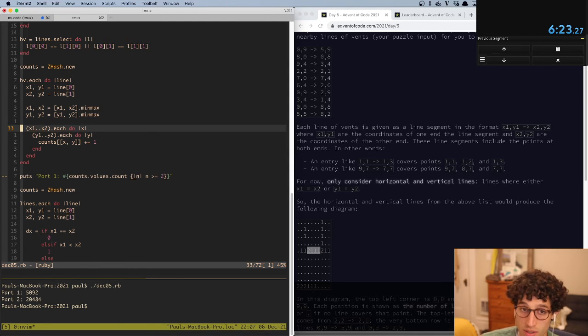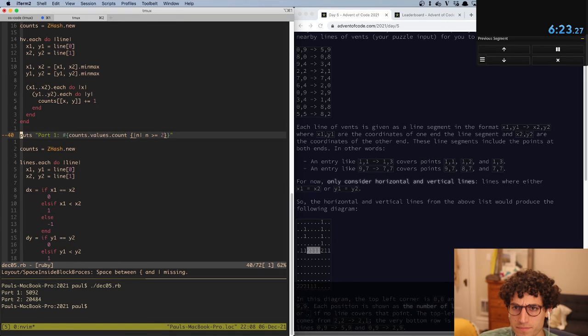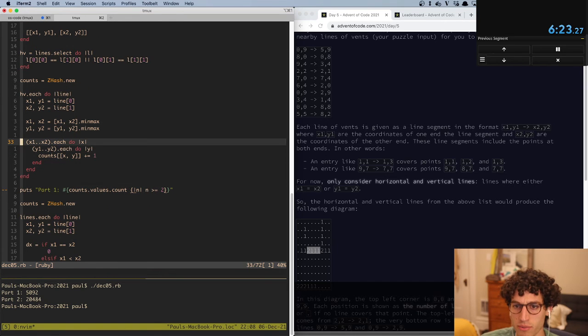And we do this very poor iteration where we go from the low value to the high value for each of the two coordinates, knowing that one of the coordinates is the same, and so we'll only go through that iteration once, and we increment our counts. Because this is like 3..3 just gives 3 once.